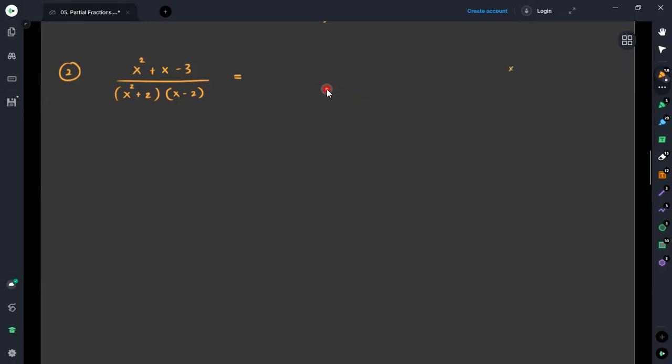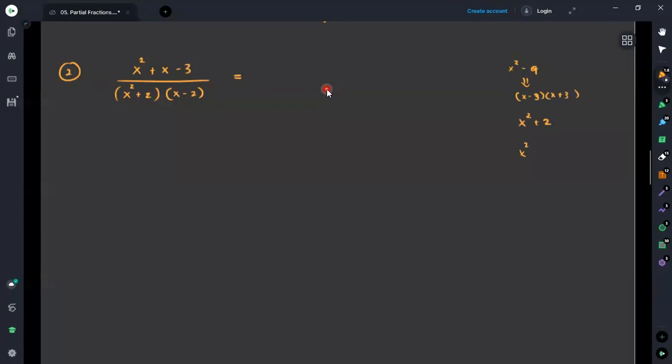Suppose we had x squared minus 9, we can factor it as x minus 3 into x plus 3. But how can we factor x squared plus 2? There is no way of factoring x squared plus 2.